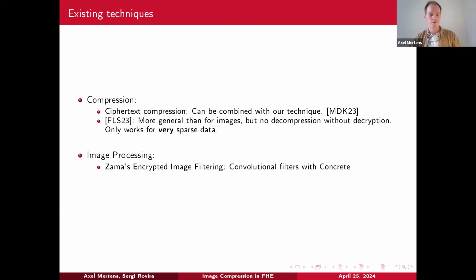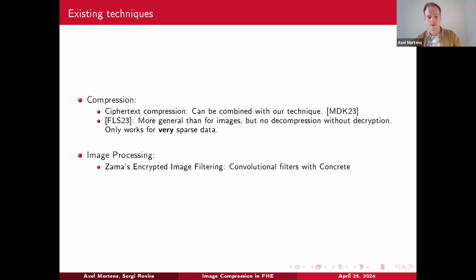What is more relevant, though, is this paper by Fleischhacker, Larsen, and Simkin from Eurocrypt last year. They used invertible Bloom lookup tables for compression and decompression, but it should be noted that they cannot do an encrypted decompression. When they do a decompression, they have to do a decryption as well.